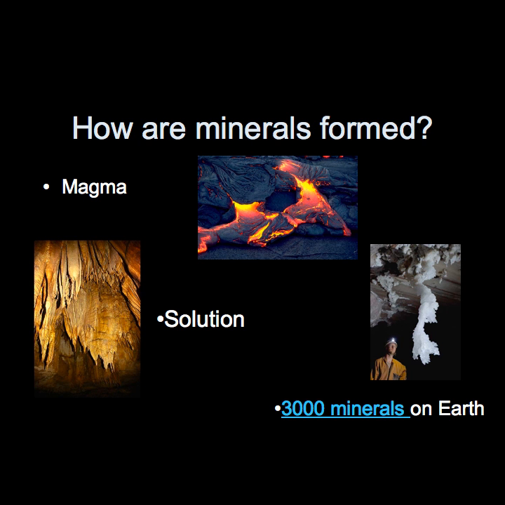Okay, so minerals are formed in 2 basic ways. You've read about these in your book. Magma is basically molten rock, melted rock underneath the Earth's surface. So this picture here is actually not magma, because once magma erupts to the surface, that's called lava. But magma is basically molten rock. Well, rocks are made of many types of minerals.